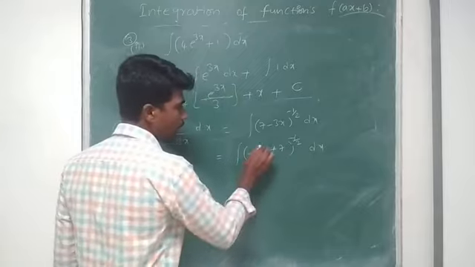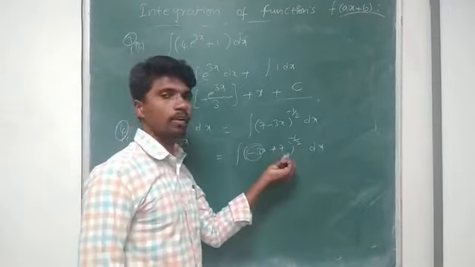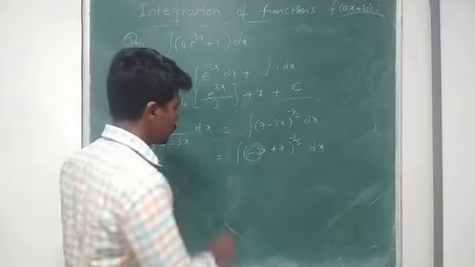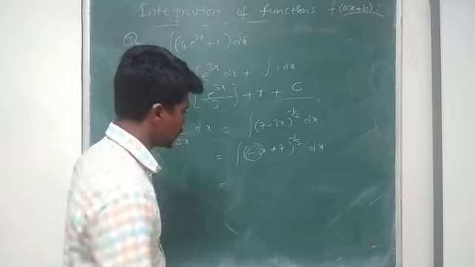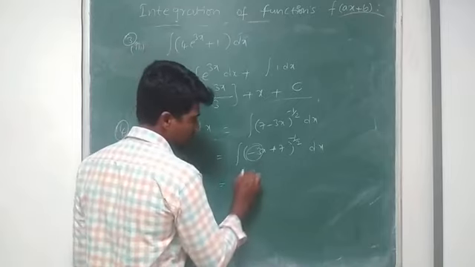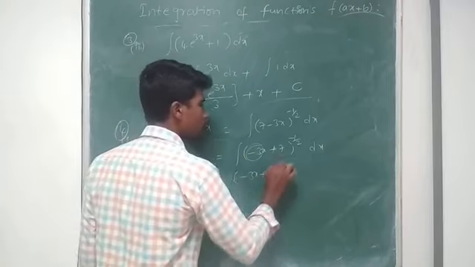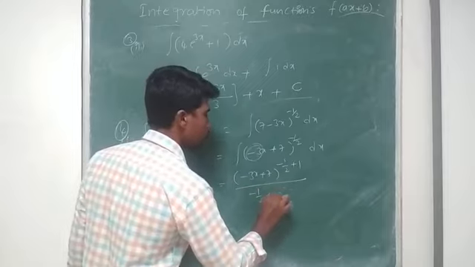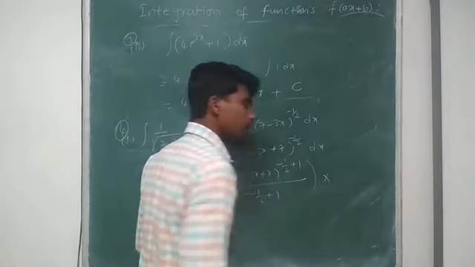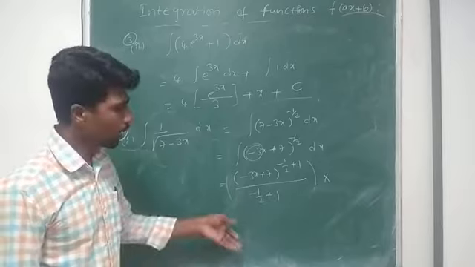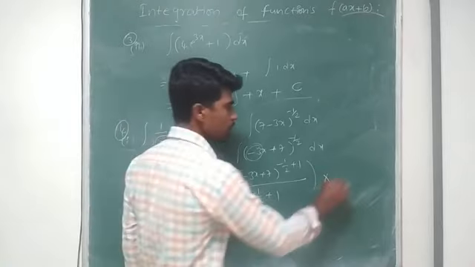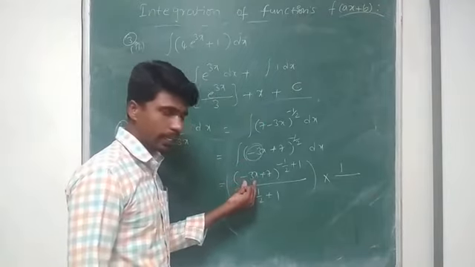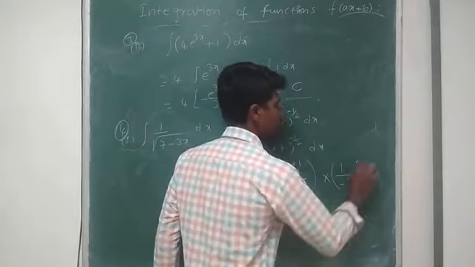In place of a, what I have is minus 3. In place of b, I have 7. So it is in the form ax plus b whole to the power of n, whose integration is ax plus b power n plus 1 over n plus 1. So minus 3x plus 7 whole power minus 1 by 2 plus 1 over minus 1 by 2 plus 1 is the integration. Next I multiply by 1 by the coefficient of x, which is 1 by minus 3.